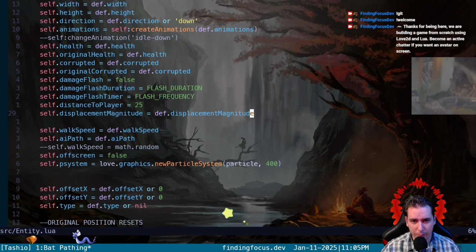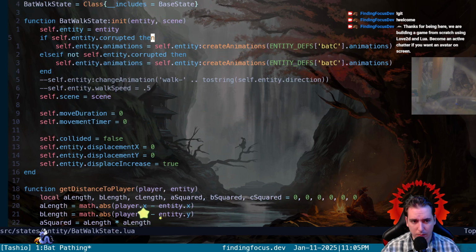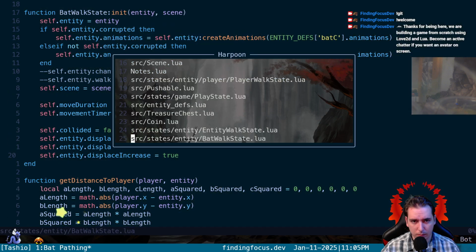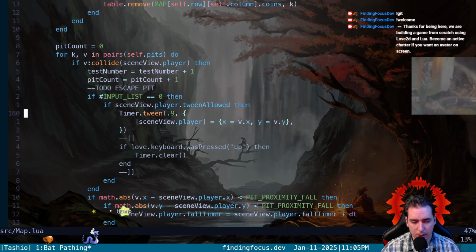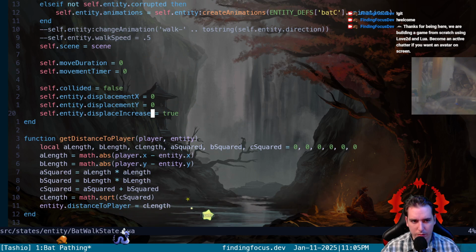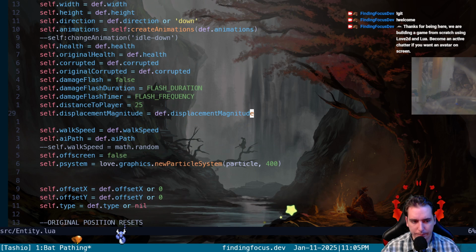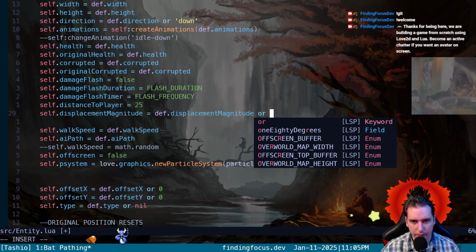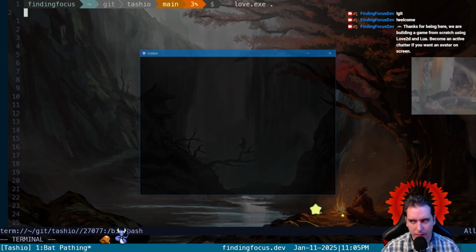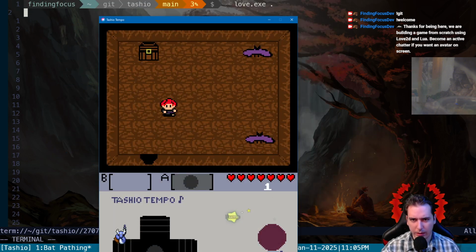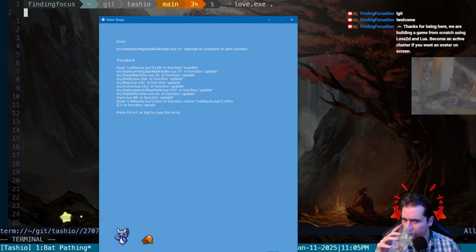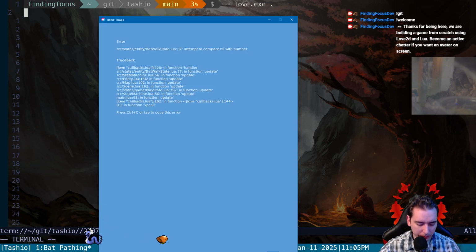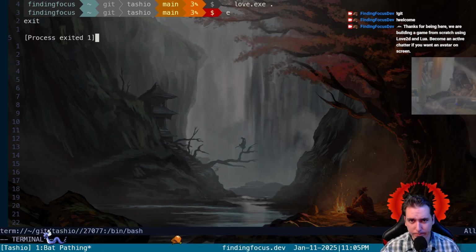Oh, we didn't give our other bat a displacement magnitude. What we could do is in the entity here, we could say or nil if there's not one defined. And then I think it would solve that crash. Maybe not, because we're doing arithmetic on it.